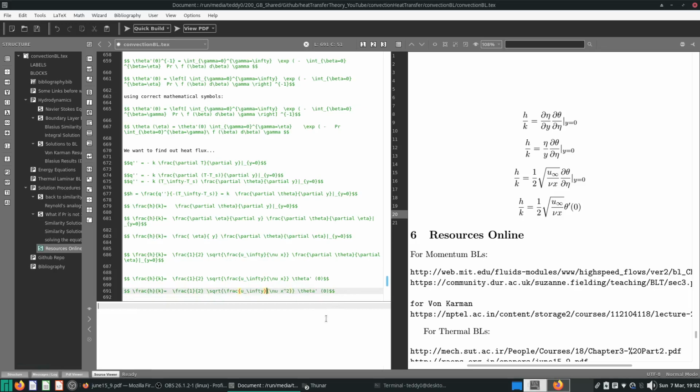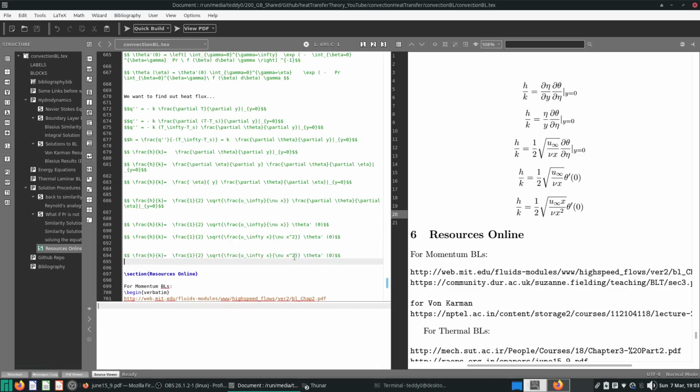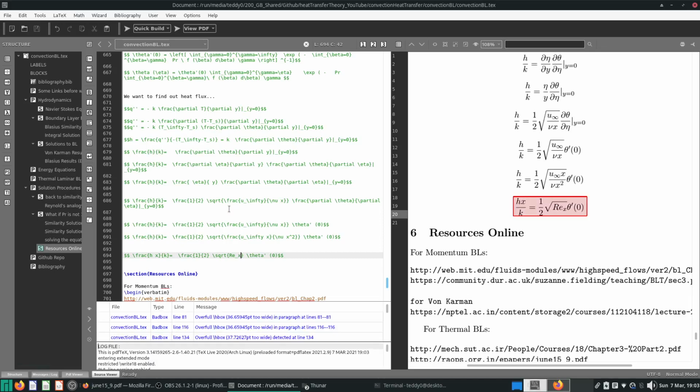So we bring out the x, and we have hx over k, and then we non-dimensionalize it in there, square root of Re x.